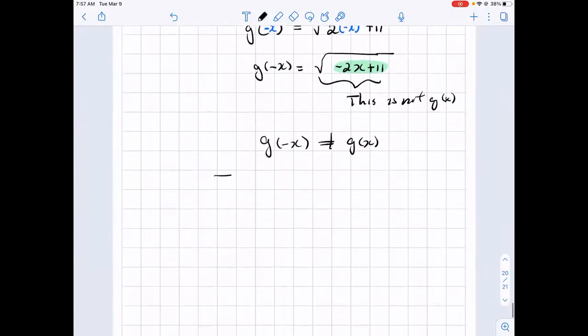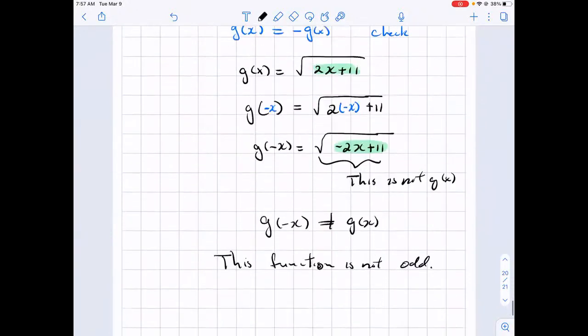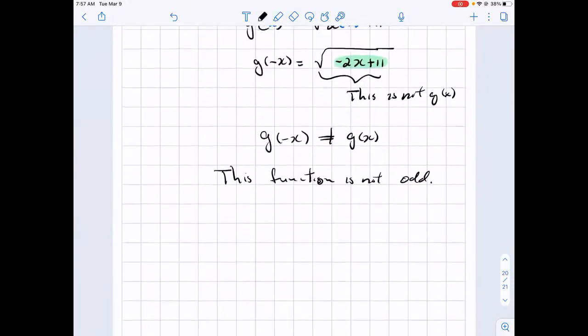So this function is not odd. We're looking for odd, yes. So you will need to practice and do as many examples as possible to see where you stand with this. As I always say, try as many examples as possible.